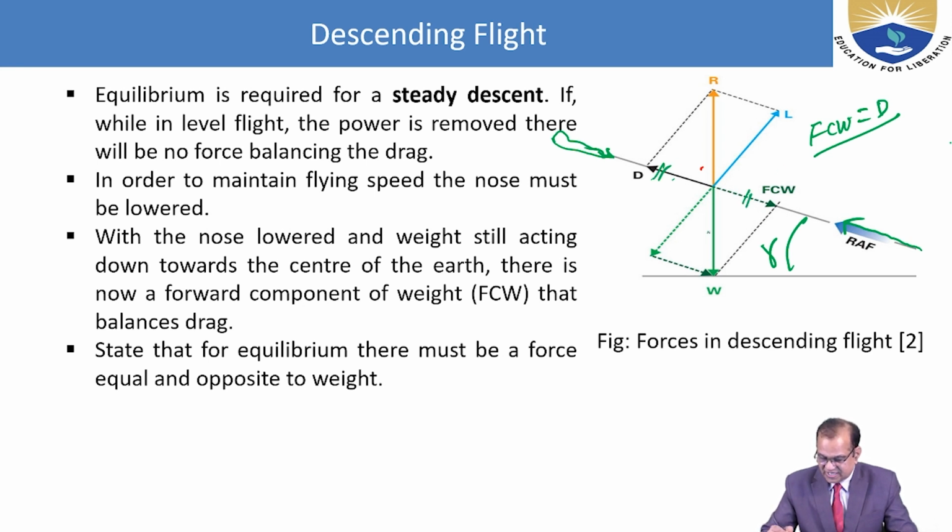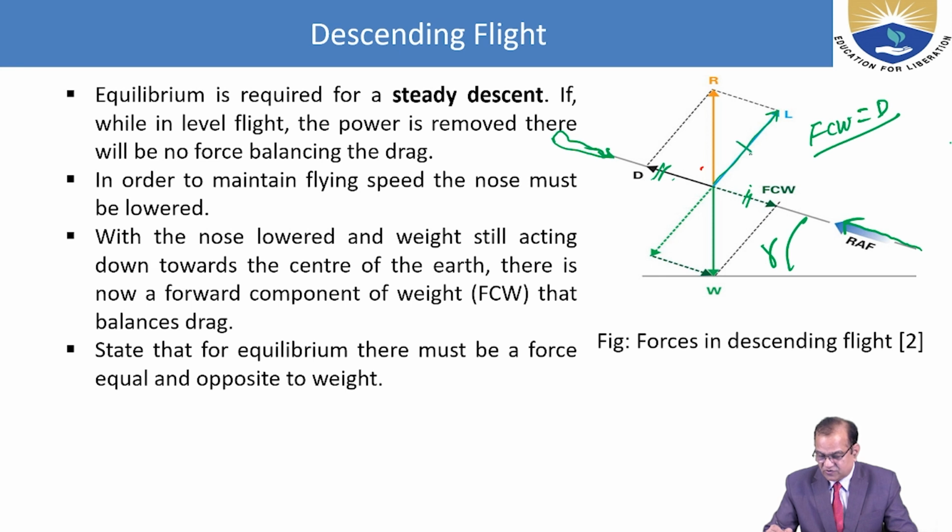And if we resolve this and this, so this is the weight, we know, this we know, and we can draw this parallelogram. And if we extend this R, we know this drag, we can find out this lift.